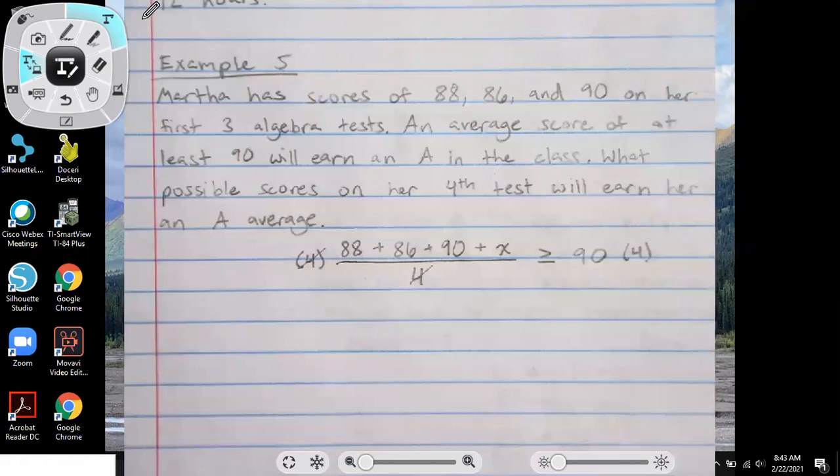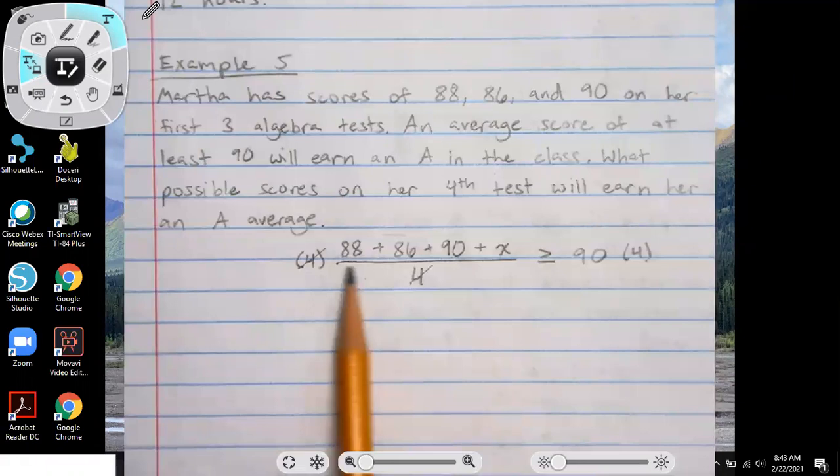So we're getting rid of this 4 in the denominator by multiplying both sides by 4. So what we're left with on the left side of the inequality is 88 plus 86 plus 90 plus X.